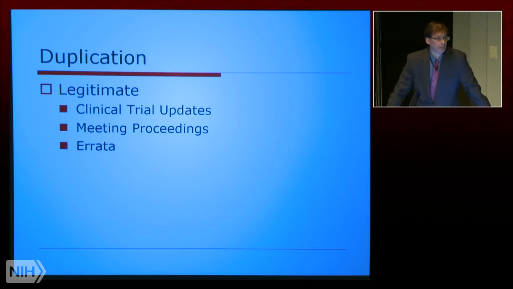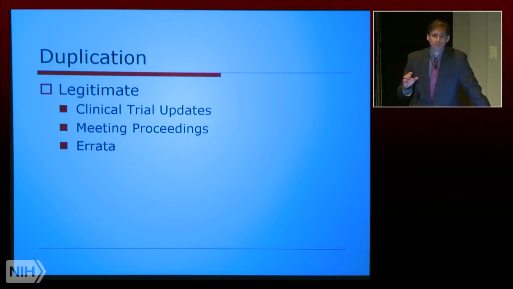Meeting proceedings. Sometimes you can have things that are in abstract form in a meeting, and then you can later publish them in the full manuscript at a later time. Again, that could be duplication, but it is not plagiarism. And errata.